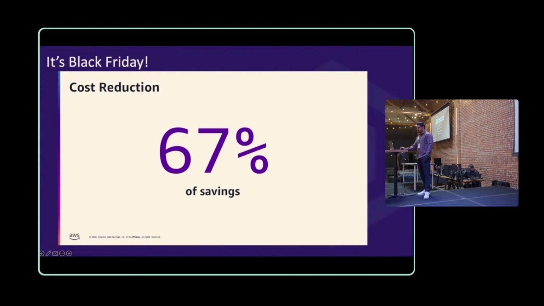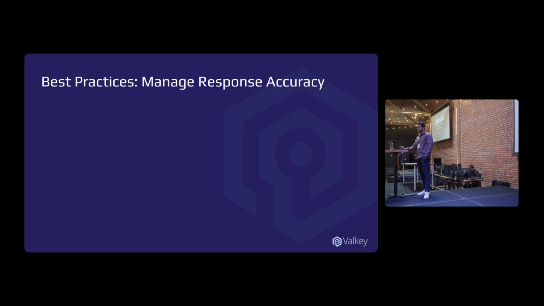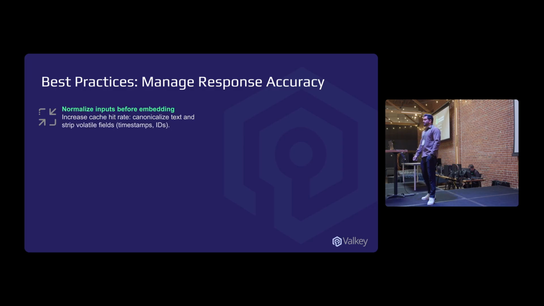Okay. Let's look at some best practices for semantic caching. Whenever we have an agentic AI application, we might have a series of prompt instructions and metadata like current time that we pass in to the application along with the user prompt.